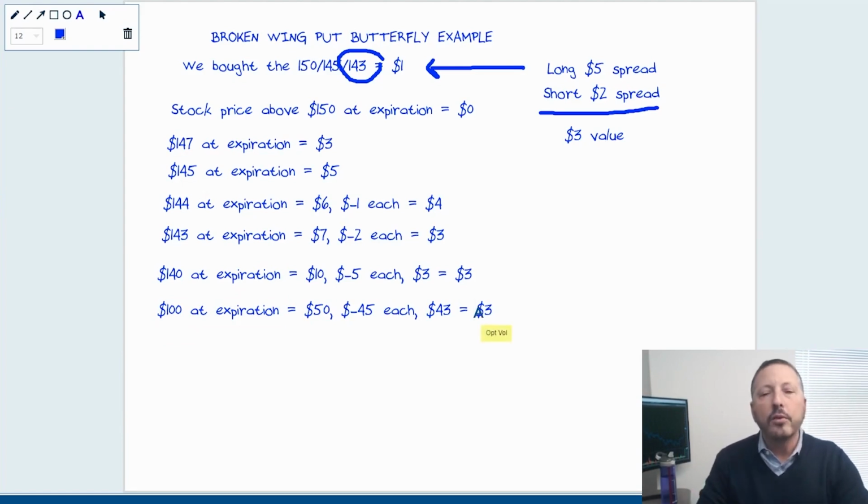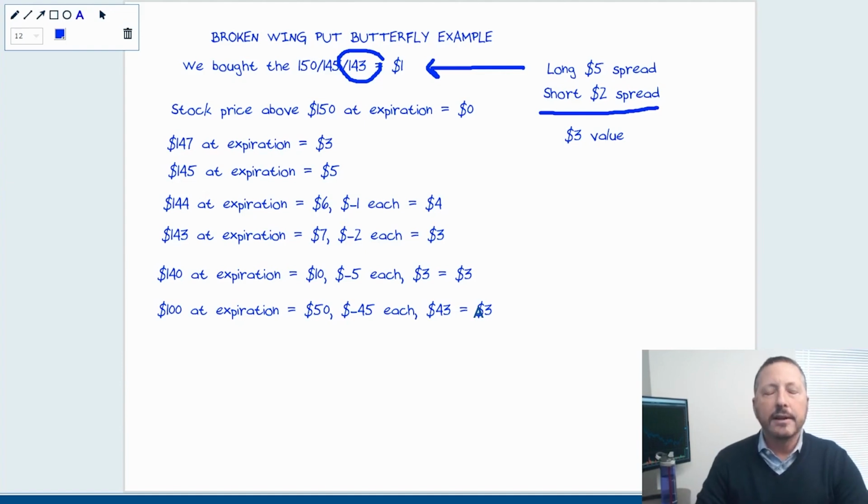So what a broken wing butterfly does: it costs a little bit more. We still look for the stock to move to the short strike. But on a move further beyond the end strike, we still make money, whereas in a regular butterfly, we don't. That's why a broken wing put or call butterfly, either way, costs more than a regular butterfly.